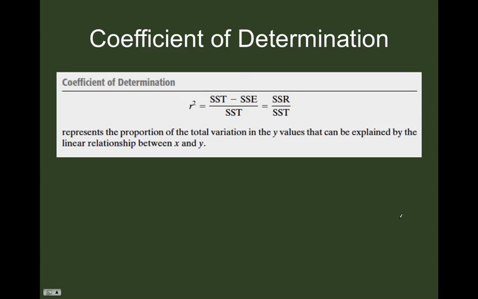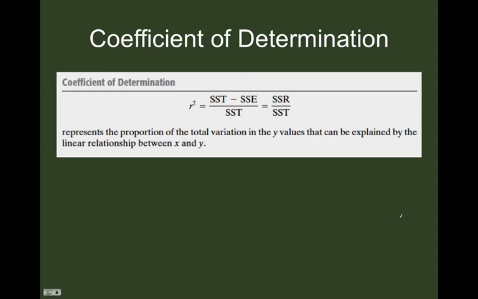Okay, now there's another number that we should consider, which is r squared. r squared is the correlation coefficient squared. So r squared is called the coefficient of determination.